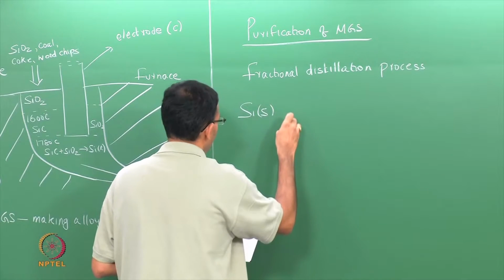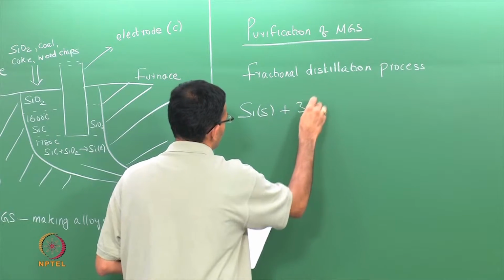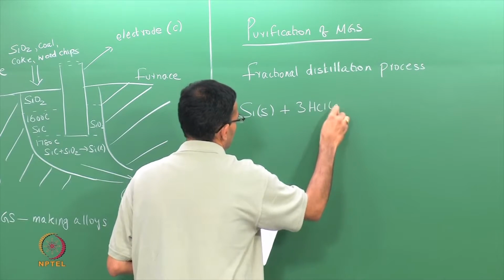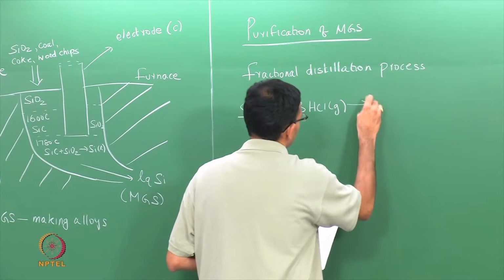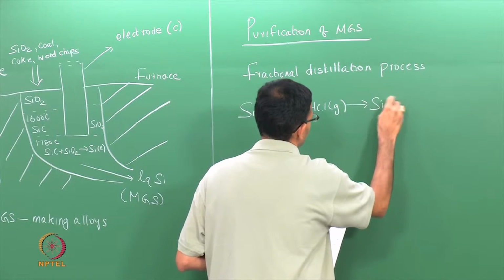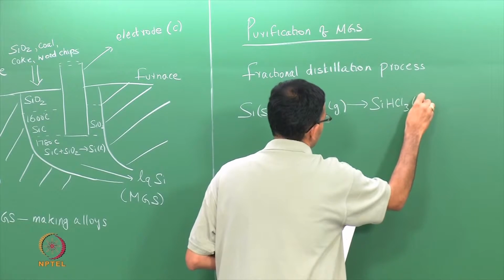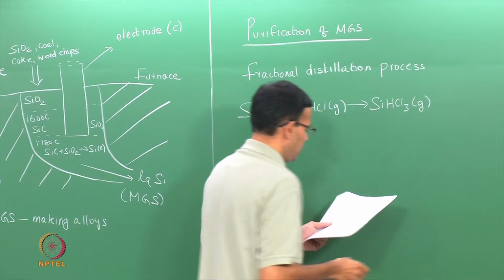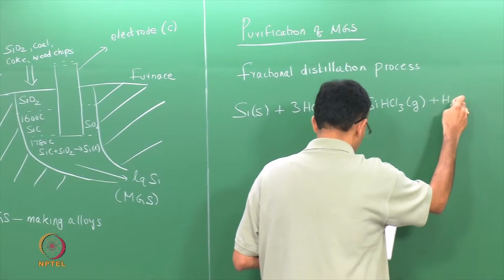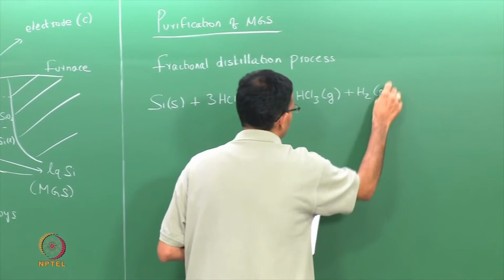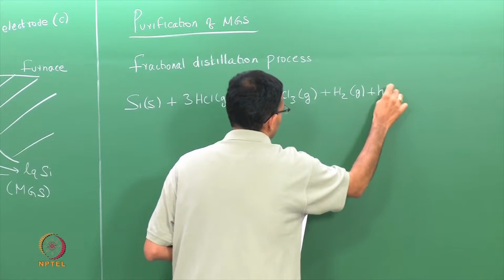This is your metallurgical grade silicon. Reacts with HCl gas in order to give you SiHCl3 plus leftover hydrogen. This process is exothermic.